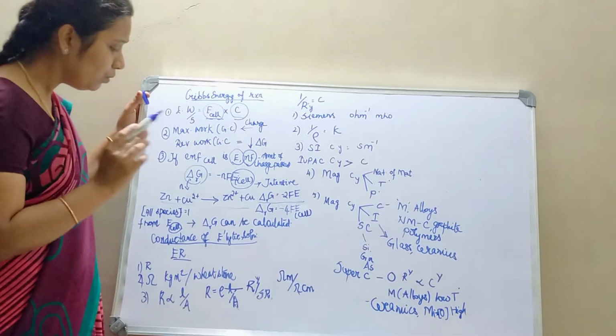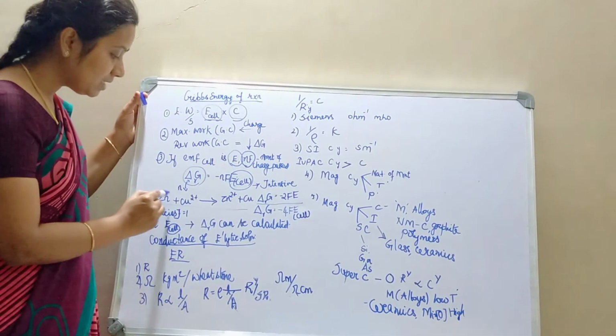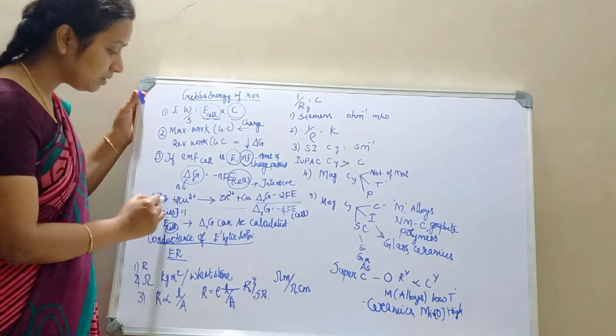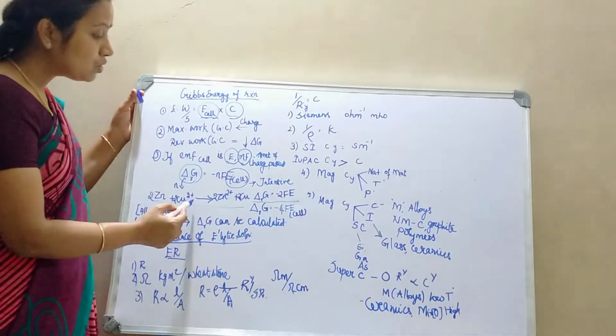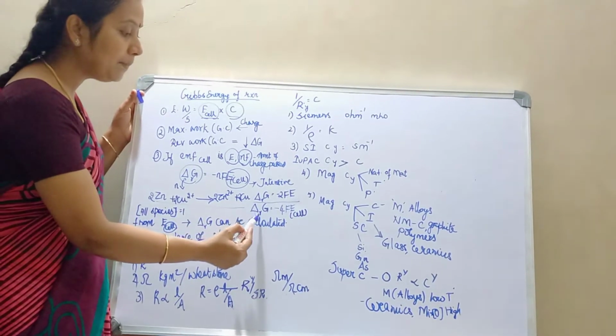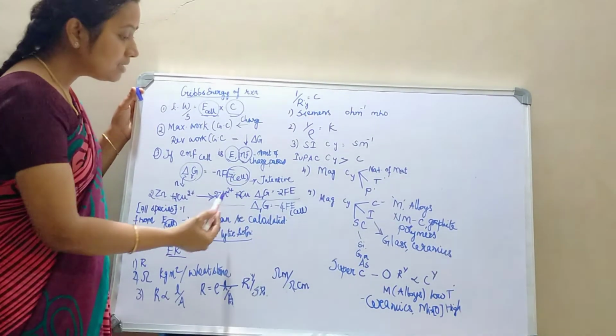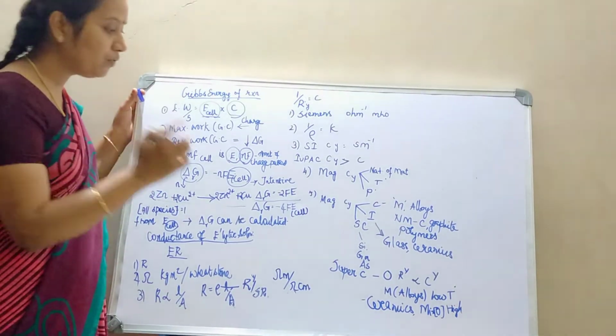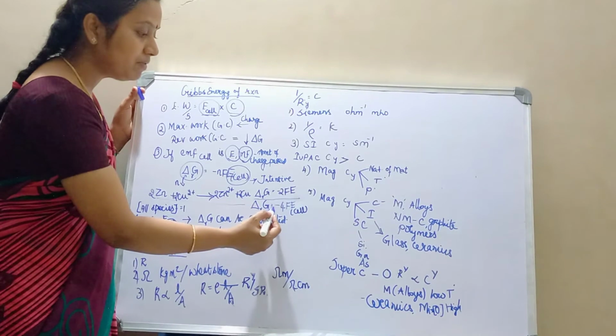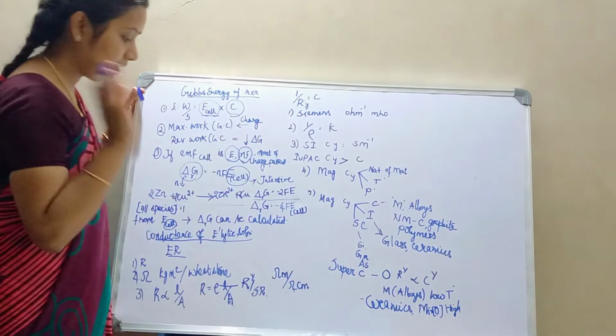Now consider if the reaction is written like this, that is 2Zn plus 2Cu2+ gives 2Zn2+ plus 2Cu. In this case, what happens to delta Gr? Since the number of electrons involved is 2 and 2, which is 4, delta Gr will be minus 4FE.